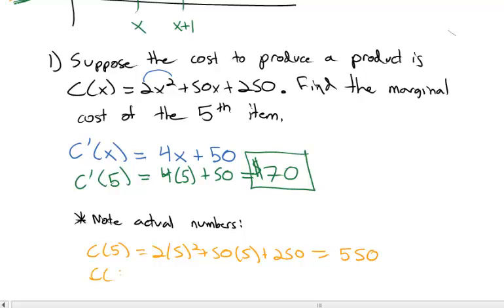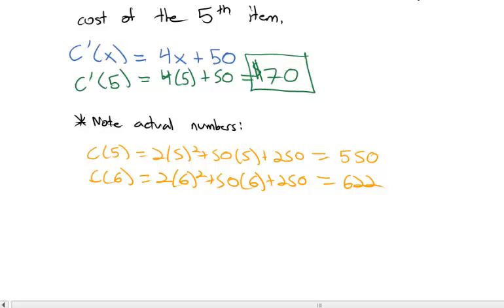Then we need to know what C of 6 is, so we know what the sixth item is. 2 times 6 squared plus 50 times 6 plus 250. Calculate that out, we get 622. And then we need to subtract those to find the marginal, or the change in the cost. So 622 minus 550, that's going to be $72.